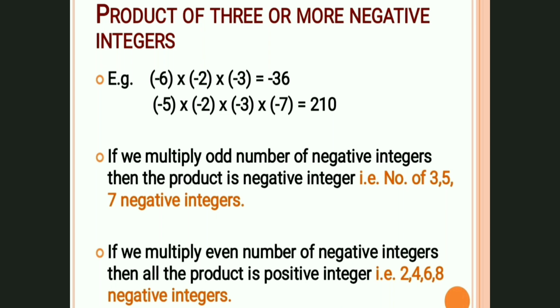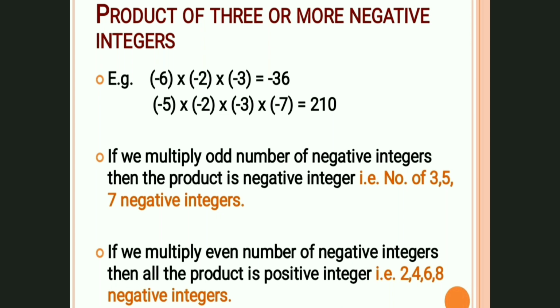If we multiply minus 6 into minus 2 into minus 3, we get minus 36. Next is minus 5, minus 2, minus 3 and minus 7. When I multiply all these four negative integers, the product is 210.